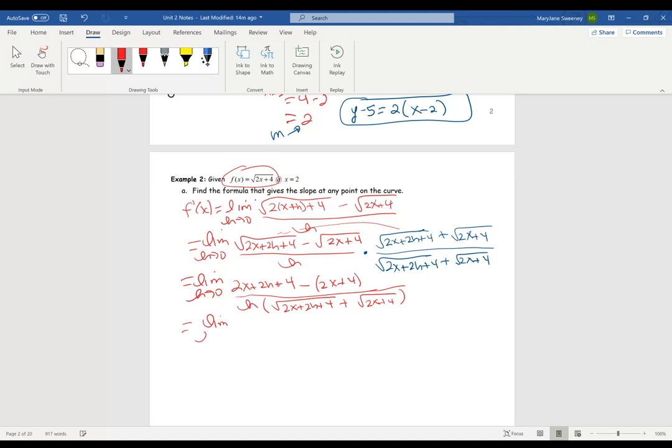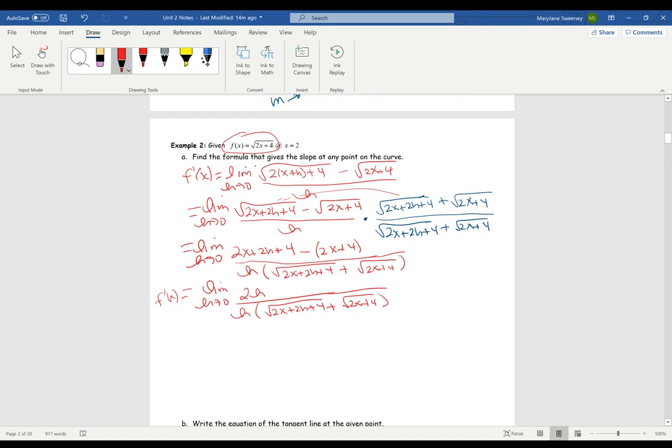Okay, f prime of x is equaling the limit as h approaches 0. On the top, 2x minus 2x is going to cancel. 4 minus 4 is going to cancel. So all you have left on the top is 2h over that h times square root of 2x plus 2h plus 4 plus square root of 2x plus 4.